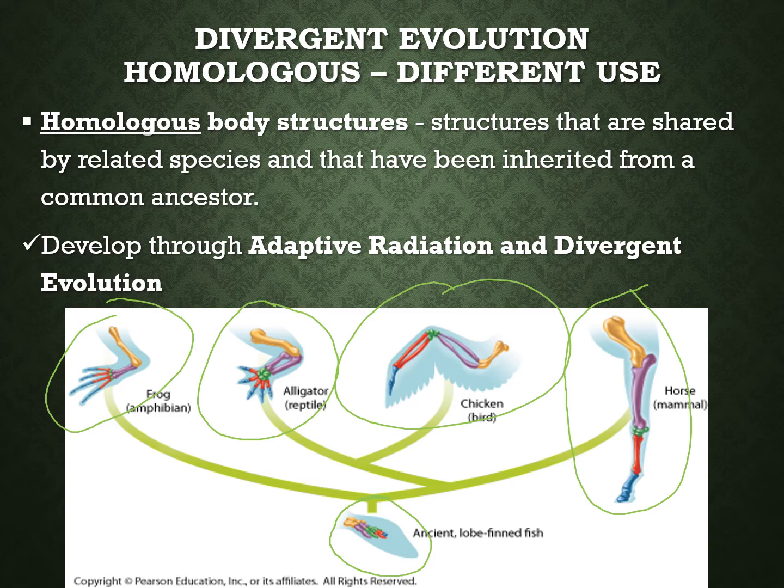But then that blue is the same bone that then has changed into the front bone here, the hoof of the horse, the front part of the chicken wing, and so on. So you can look at how the bone structure has changed, but also where those bones came from in the common ancestor.